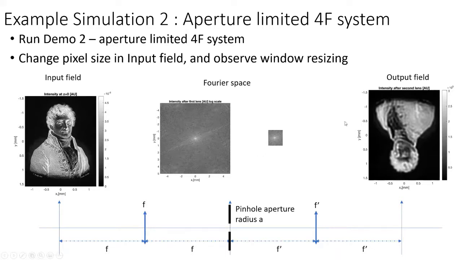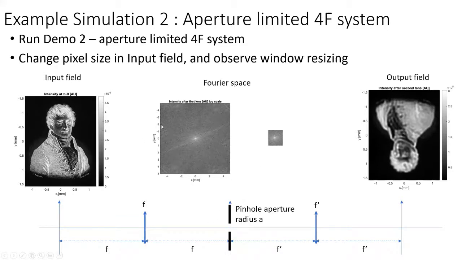By doing the simulation here, Fourier transforming twice and using a spatial filter in the Fourier domain, you see something very familiar in microscopy: the resolution of the optical system is now limited by the aperture and the size of the smallest spatial frequencies that are allowed to transit through the optical system.